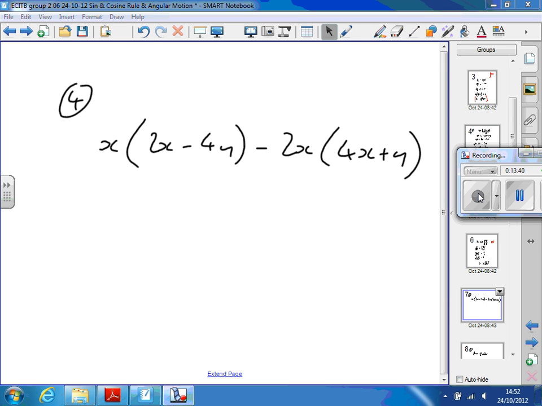Question 4 just reviews a few little algebra techniques, and this is something that we're going to be moving on to after half term, looking at expressions like this and trying to simplify them. So this is asking you to simplify this. Yeah, x into 2x minus 4y, minus 2x into 4x plus y.